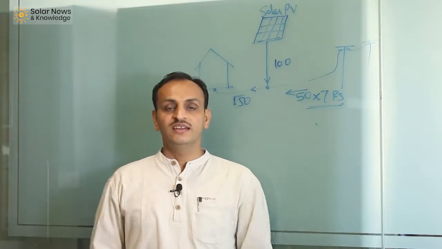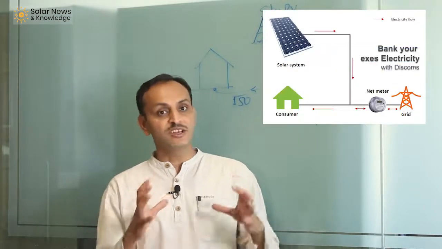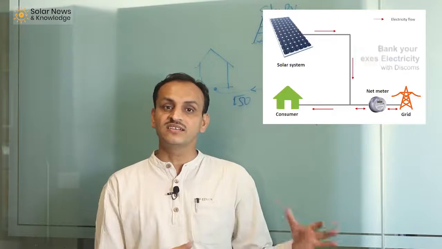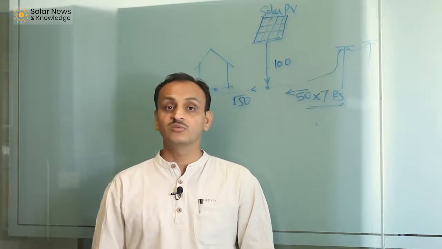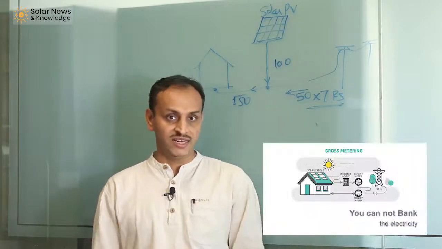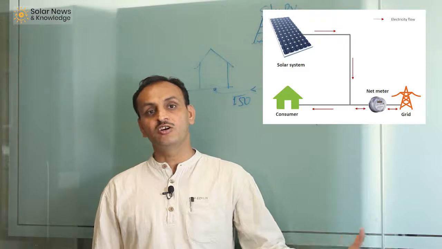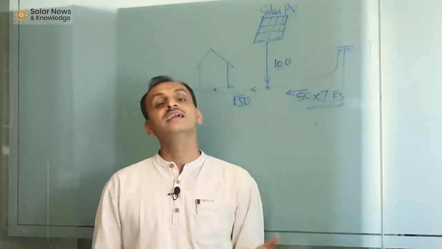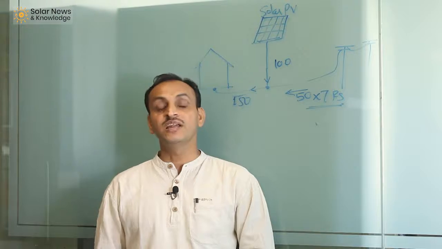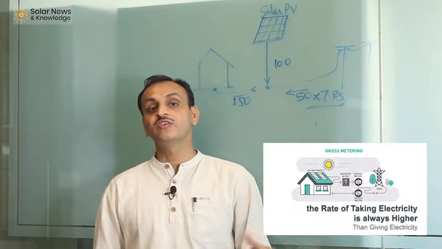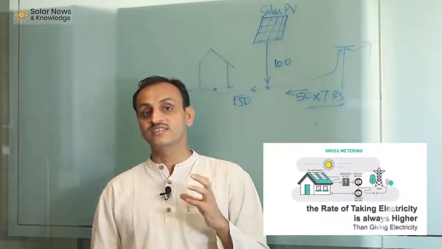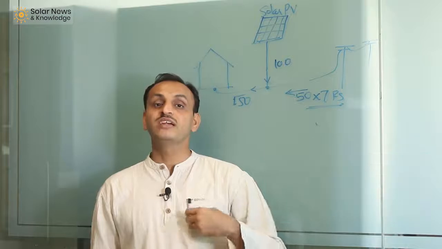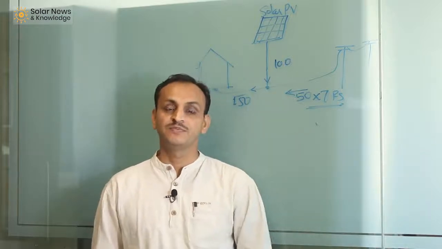So in summary, in net metering, you can bank your excess electricity with the DISCOMs. In gross metering, you cannot bank it. In net metering, the rate of taking electricity and the rate of giving electricity remain the same. In net billing or gross metering, the rate of taking electricity is always higher as compared to the rate of giving electricity to the grid.